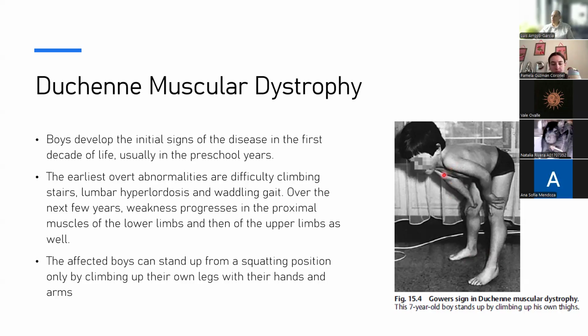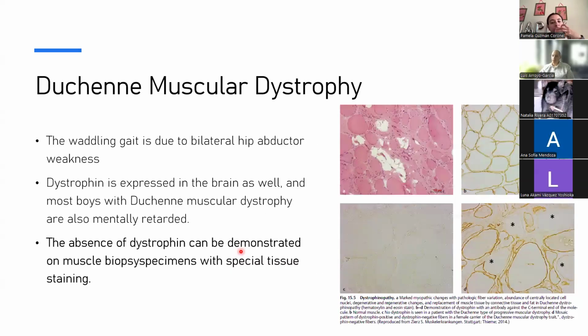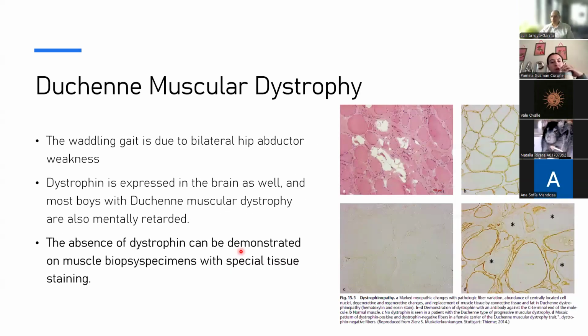This kid uses his hands to stand up. Over the following years, the weakness progresses in the proximal muscles, and it also affects the muscles in charge of respiration. This is very important. I want you to have this very well understood.